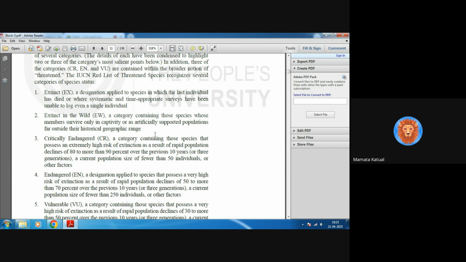So there may be a few members living, but if they are living only in zoos, then it is known as extinct in the wild. Then critically endangered.